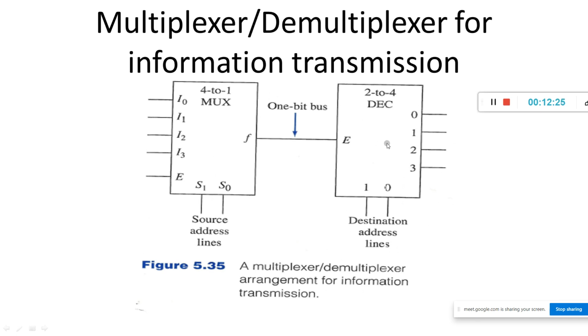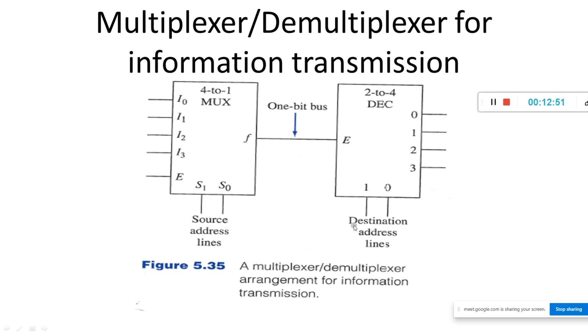The bit combination on the destination address lines determines on which of the four output lines of the demultiplexer the data information has to be placed. What does it mean? Depending on the destination address lines, the data is picked up from the enable input line and then placed on the 0th line, first line, second line or third line.